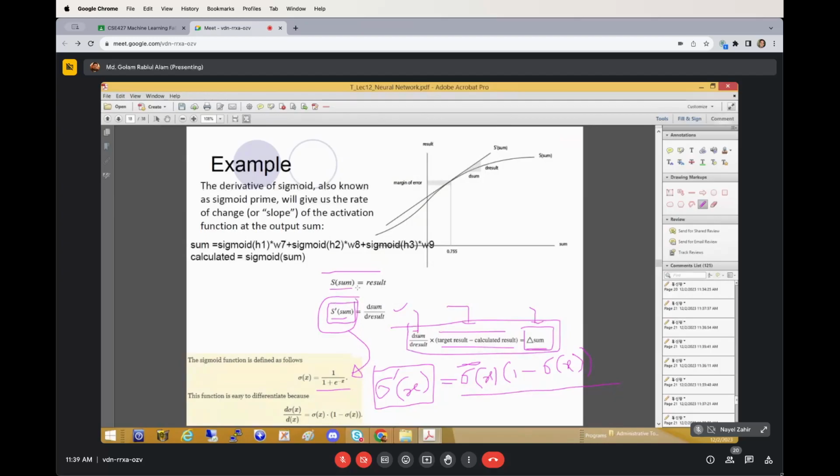We applied sigmoid to the output layer, but we also applied sigmoid to the hidden layer. For the output layer, it is the sigmoid of the output sum, the output layer summation, equal to our results.